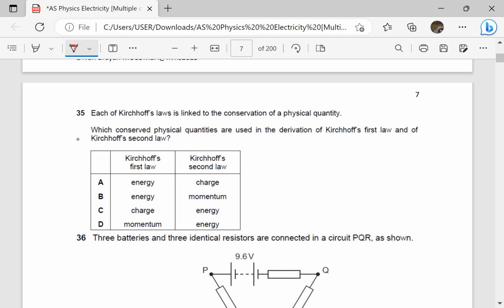EMFs and PDs are energy per unit charge, although for EMF it is energy from chemical to electrical, and for PD it is energy from electrical to thermal. So for Kirchhoff's laws, the first law is charge and the second law is energy, so the answer is going to be C.